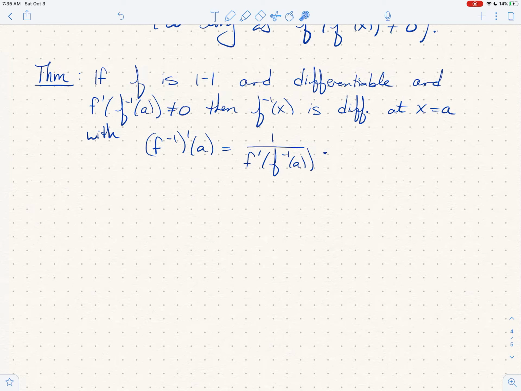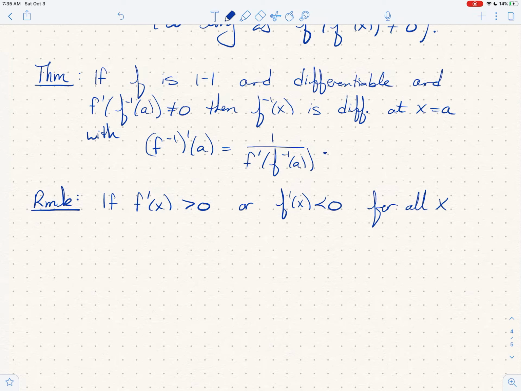And so I want to make a quick remark and then do some examples with you. We'll talk a lot more about this later, but it turns out that if f prime of x is always positive, or f prime of x is always negative, let's say for all x, then it turns out that f is 1-to-1.